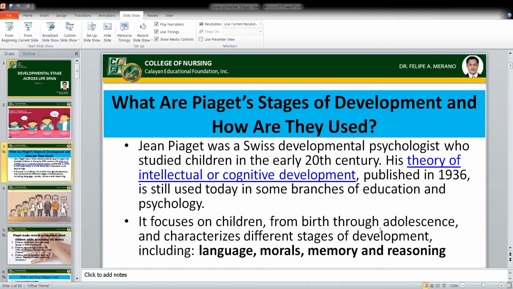We know already what is right and wrong, what is good and bad. And our memory is also growing as we grow old. We could recall many things, okay? And our reasoning also improves. And that is brought about by intellectual or cognitive development.